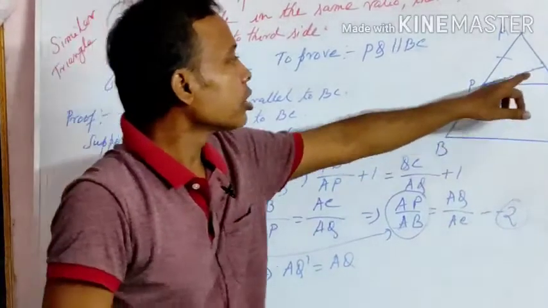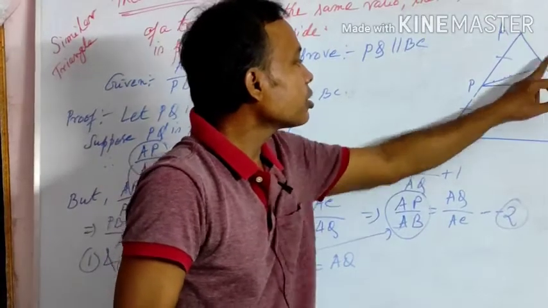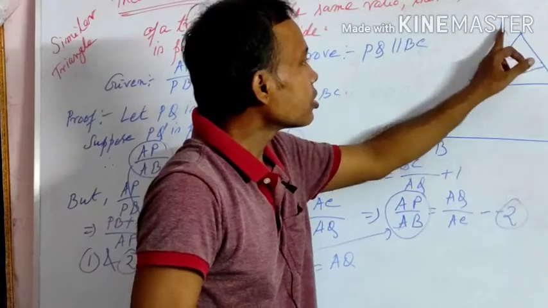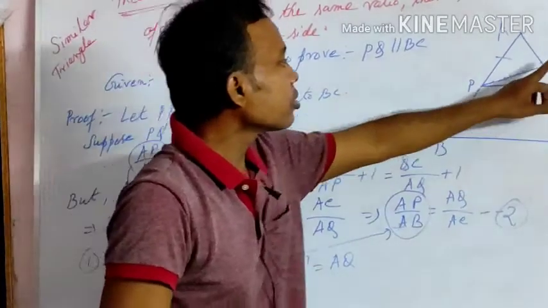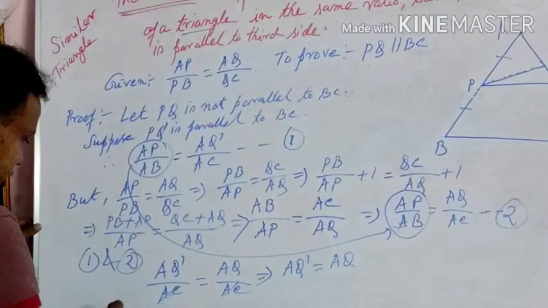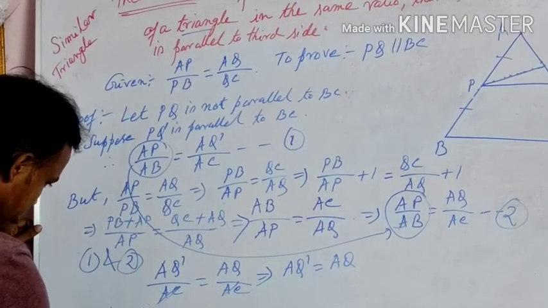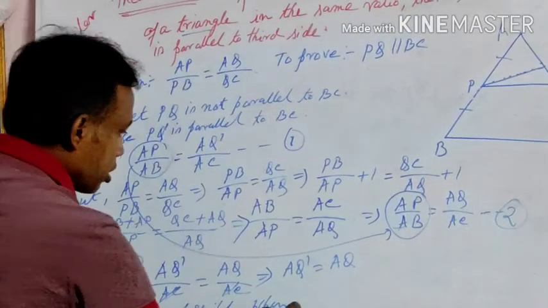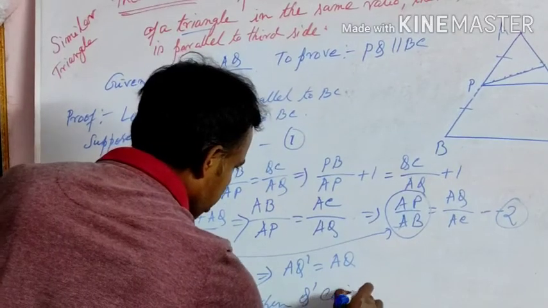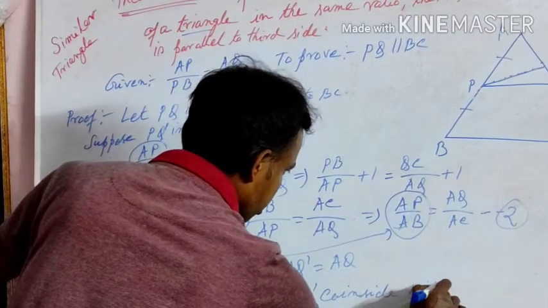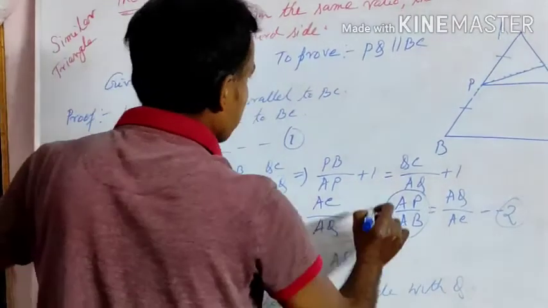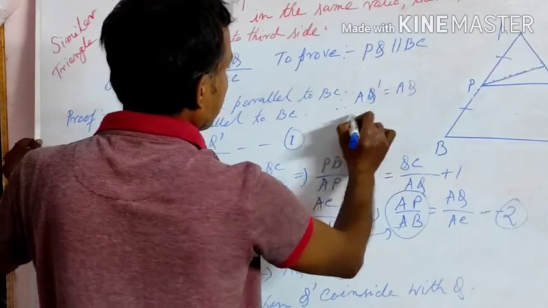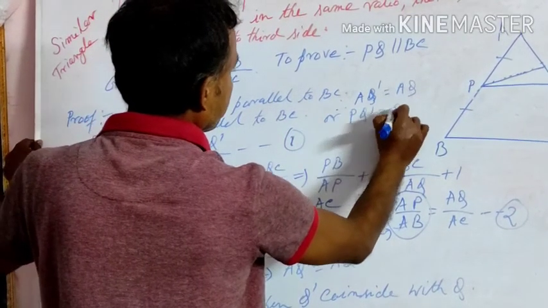This is only possible when Q dash coincides with Q. In that case AQ dash is equal to AQ, and PQ dash is equal to PQ.